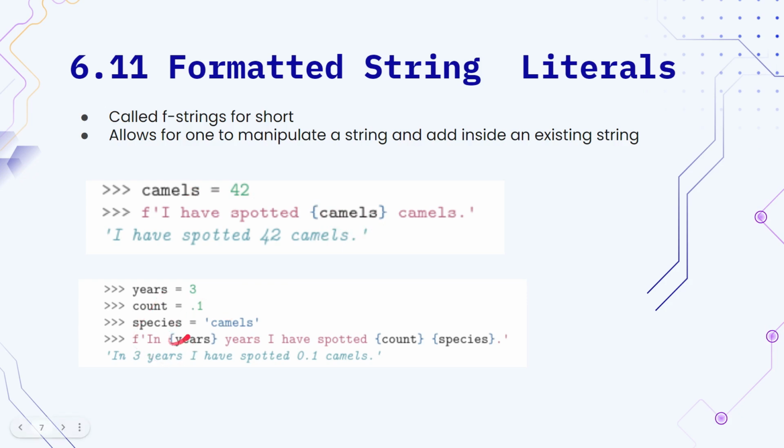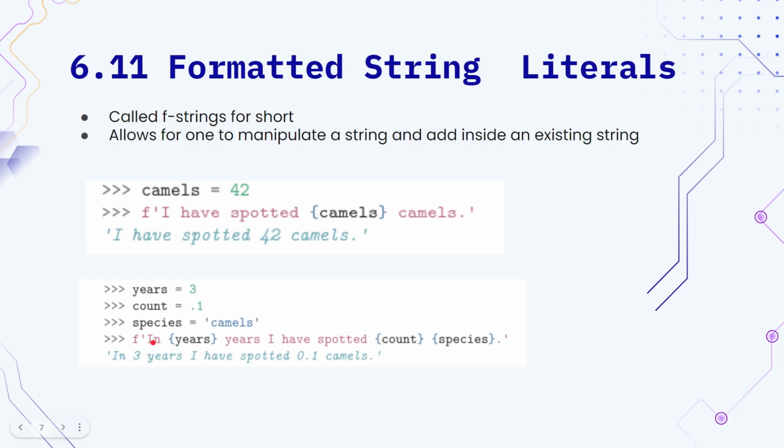In this example, you can see you can do the same thing. In something years, I have spotted something something. In this first something, it's the variable years, which is 3. So this something will be replaced with 3 because it's inside these curly braces. So in 3 years, I have spotted, and now I've reached another set of curly braces, and inside this is the variable count. So I will replace the count here, which is 0.1.